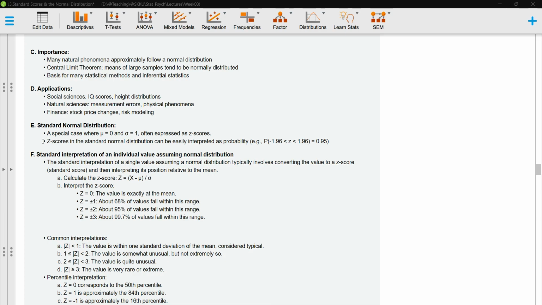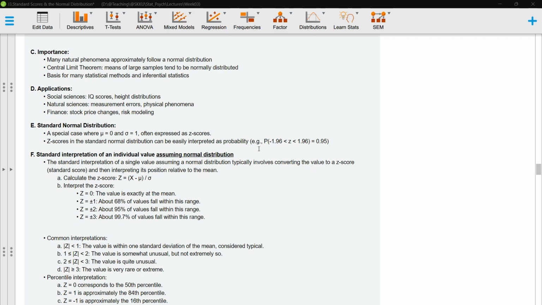So z-scores in the standard normal distribution can be easily interpreted as probability. You remember that in the normal distribution, we can calculate the probability, or the area under the curve, within a specific interval, right?